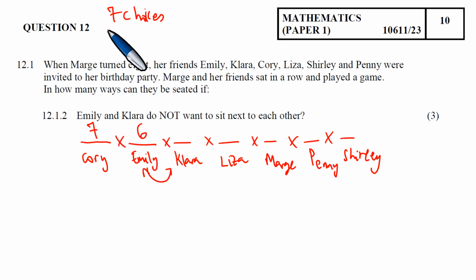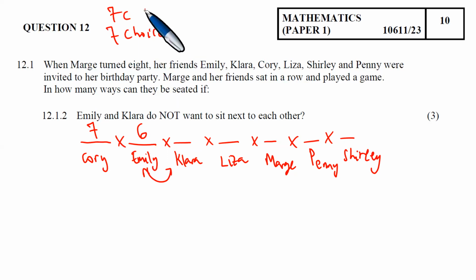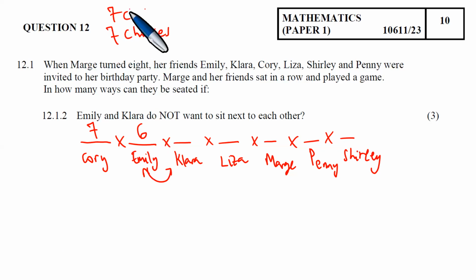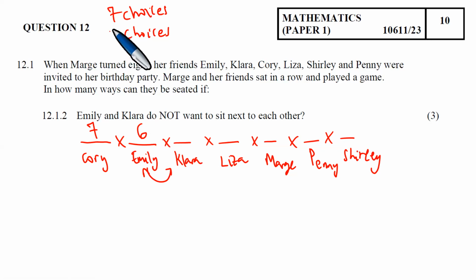Then we have 6 choices here. I read 7 twice, but I mean 6. Okay, just note that. 6 choices here.